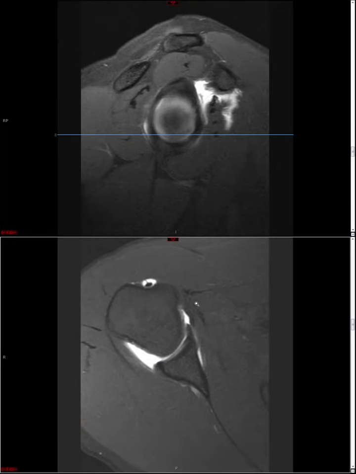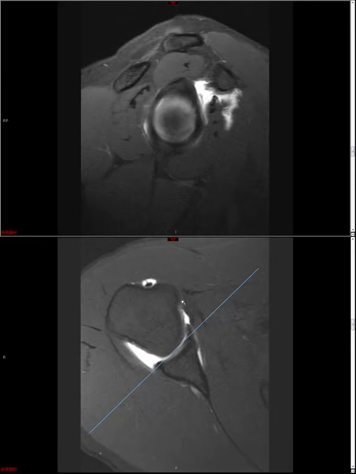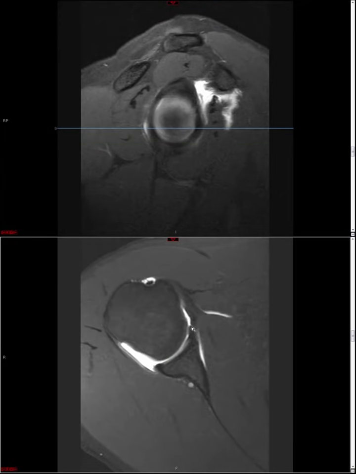But generally, if you're dealing with a shoulder dislocation, you should really look at that ligament as well as where it attaches to the labrum, because a lot of the pathology, i.e. the Bankart lesions, are going to involve that.